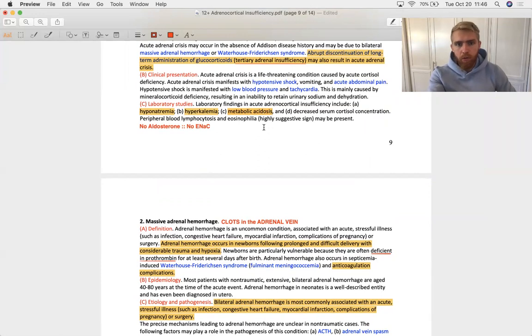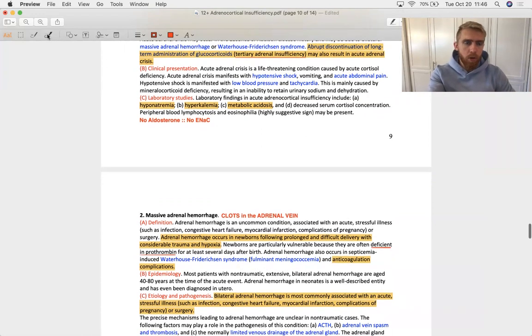No aldosterone, no ENaC, no proton ATPase, no proton export into the urine. So understand this clinical presentation, because you should be able to tell from the preliminary lab values that this patient's got adrenal shock.